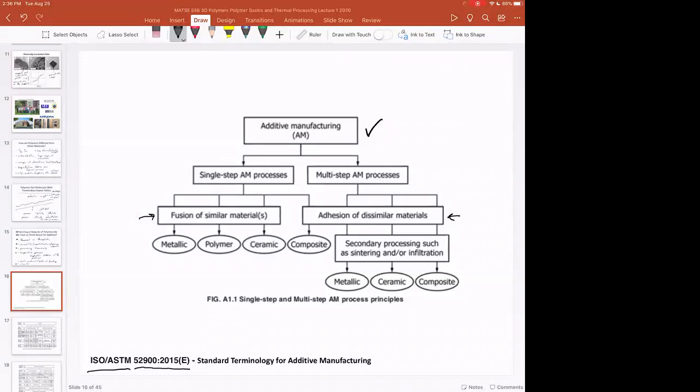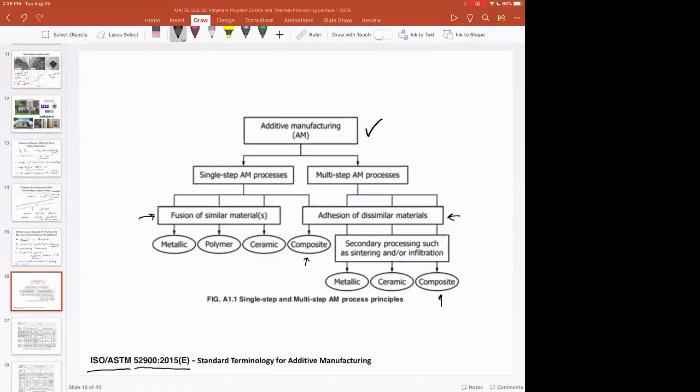The one interesting thing about this diagram, and this diagram is agreed upon by all the people that sit around the table at ASTM working groups and come up with these nomenclature and schemes, is that they lump composites together. So you can adhere similar materials, and composites is under there, or you have a single step process, but you still need adhesion of dissimilar materials to make your composite. And so if you follow the arrows, it's interesting where these wind up.